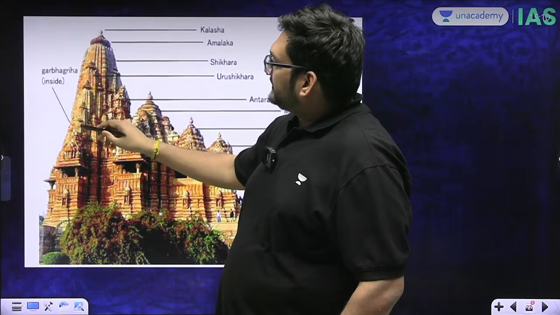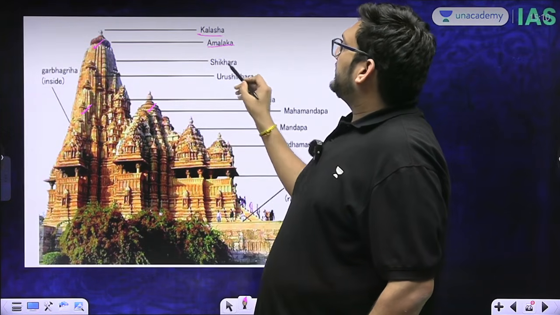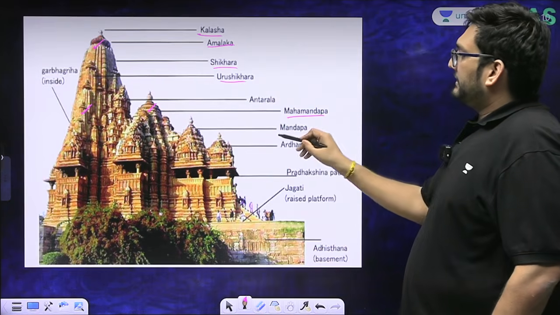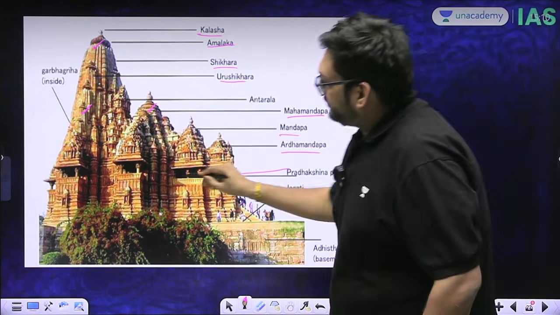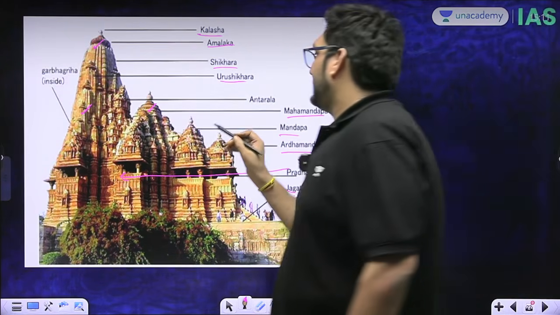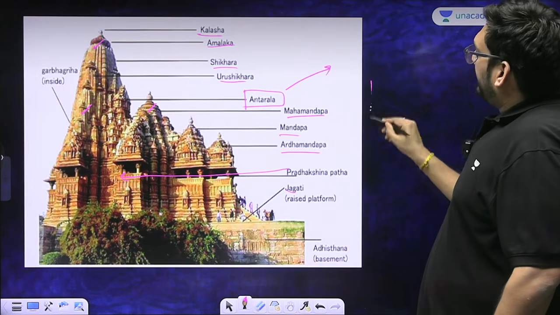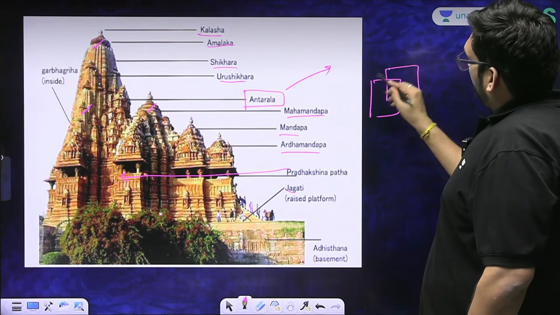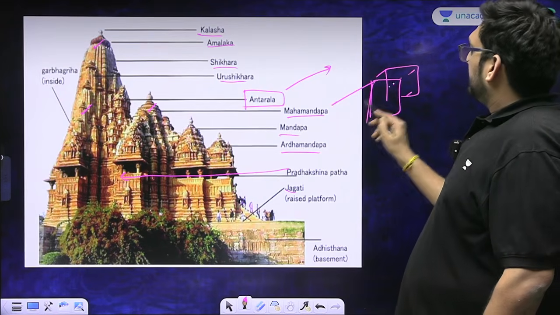You will have clusters of Uri Shikhars and Shikhars together. Amalak, Kalash, Shikhar, Uri Shikhar, Mahamandap, Mandap, Ardhamandap, Jagati or Pitha. Pradakshina Path is the way you go inside the temple itself. And there's one term which is written, called Antarala or Antartala, which is where the Garbhagriha meets the Mandap.